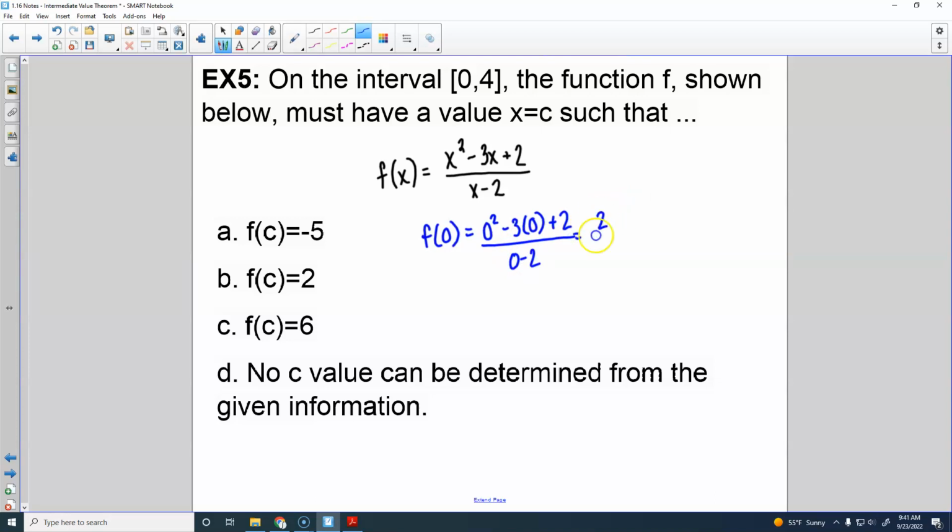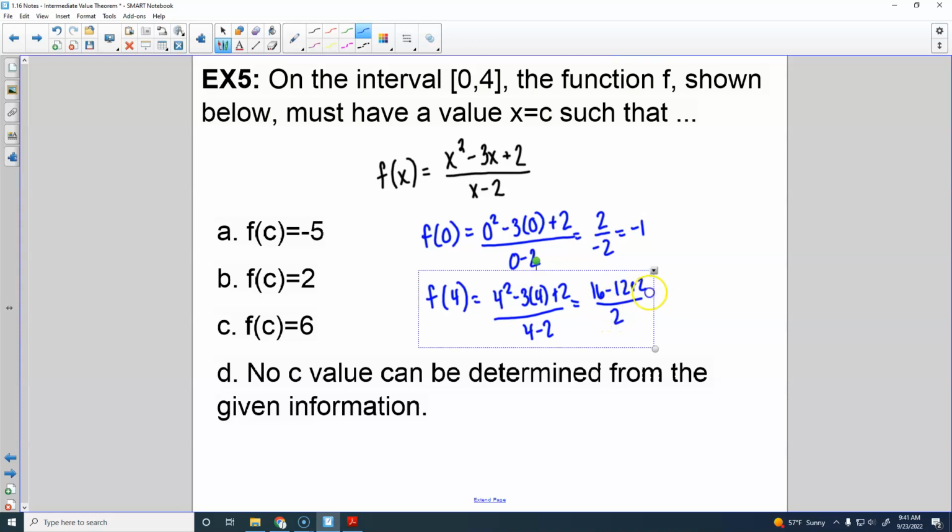So we would have 2 over negative 2, which is negative 1. So we get, let's see, 6 over 2. It's 3.